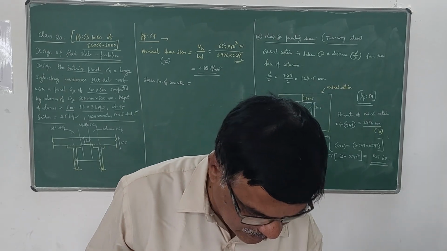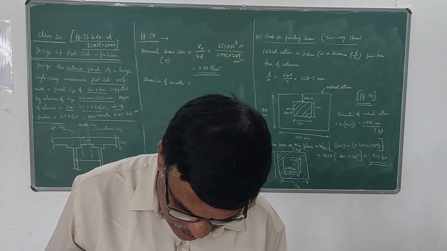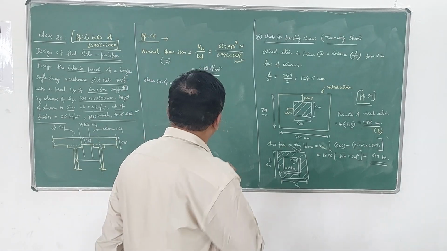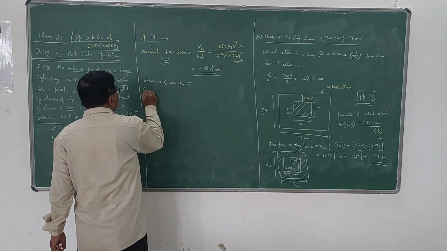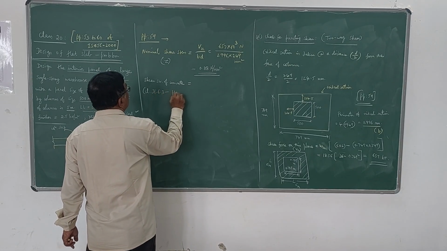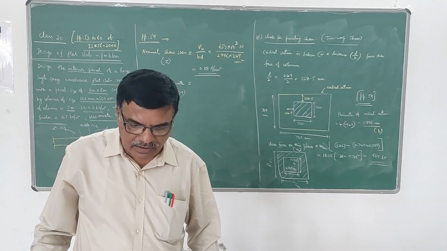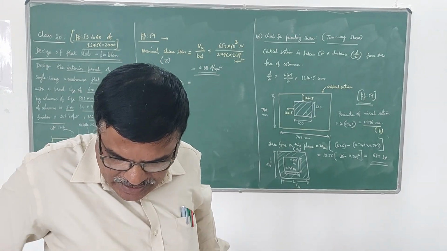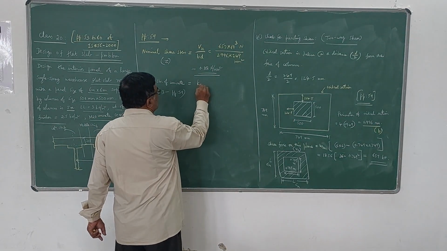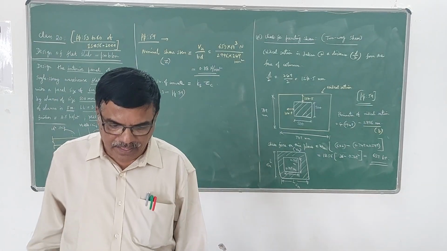So what permissible shear stress has he given? Shear strength of concrete is given by Ks into tau c. That is the formula.